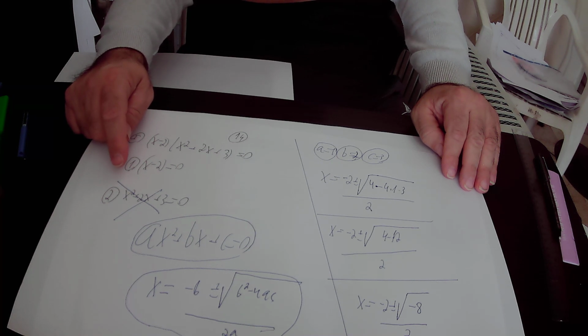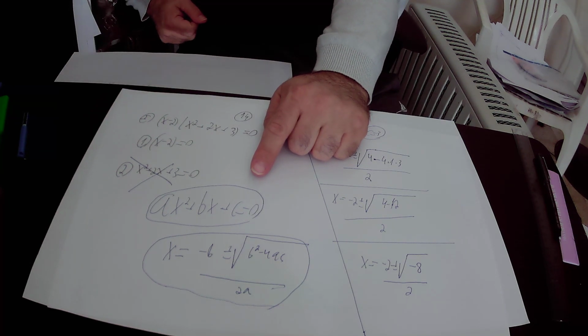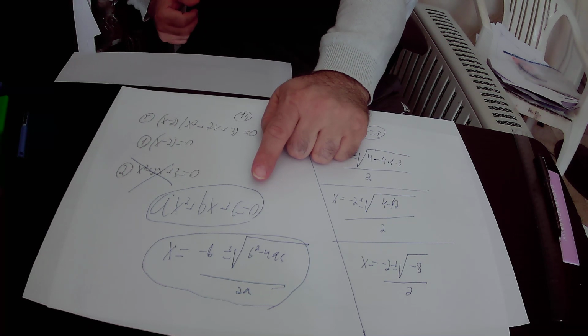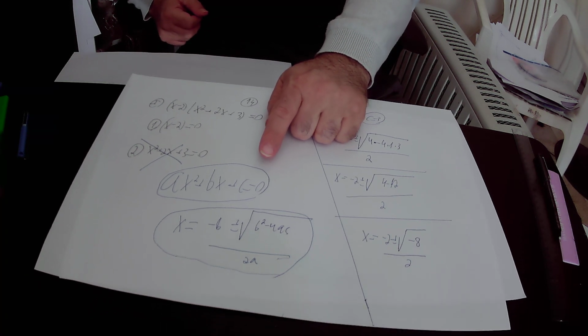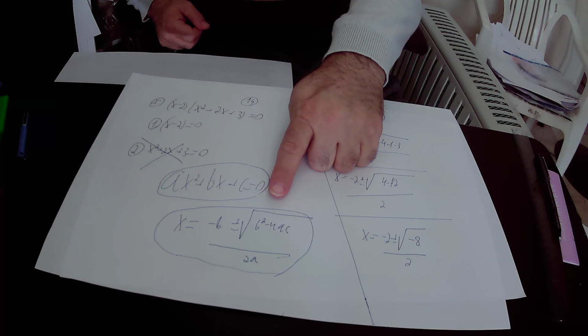This is a quadratic equation, and the general form of a quadratic equation is ax squared plus bx plus c equals 0, where a, b, and c are the coefficients and x is the variable that we are looking for. And we will find the value of x according to this special formula, x equals minus b plus minus square root of b squared minus 4ac, over 2a.